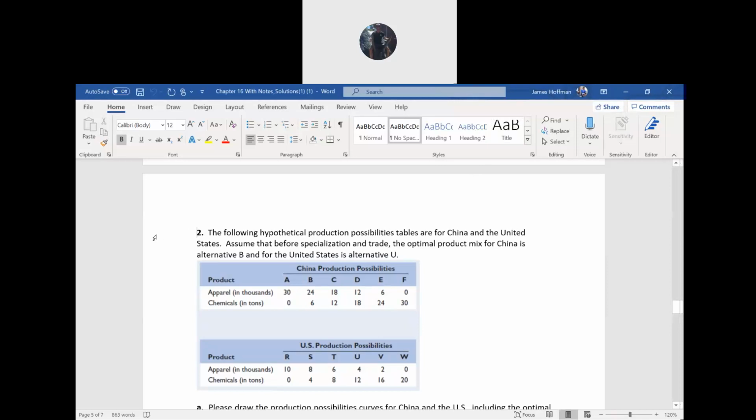Okay. Well, all right. So let's go through the other example. I'm okay with either.